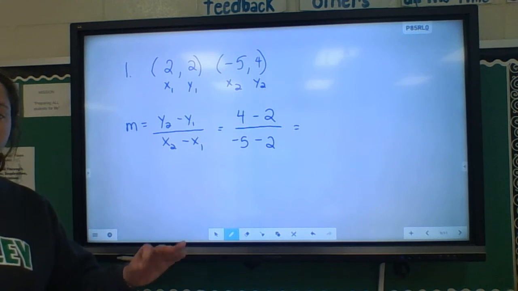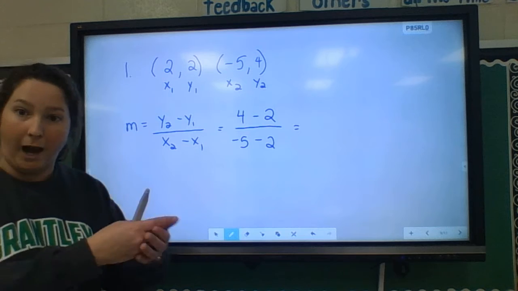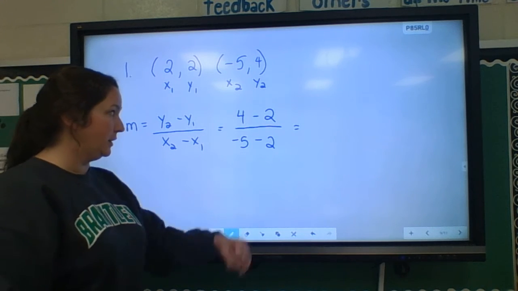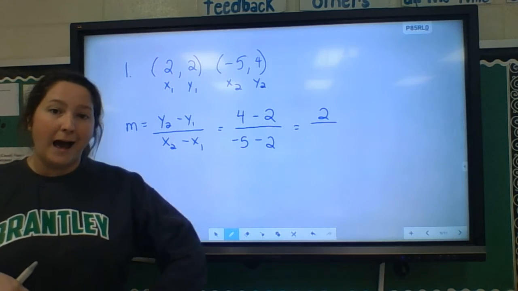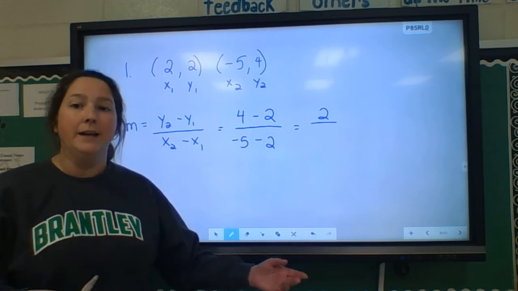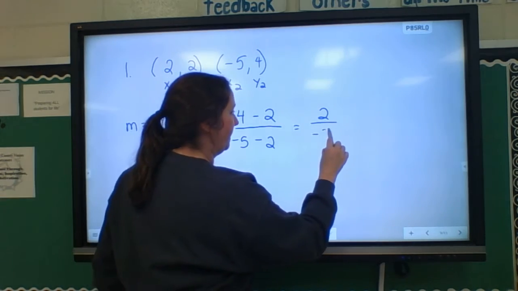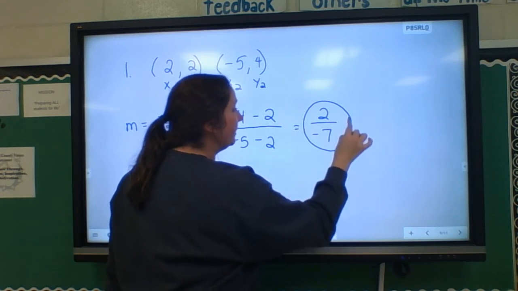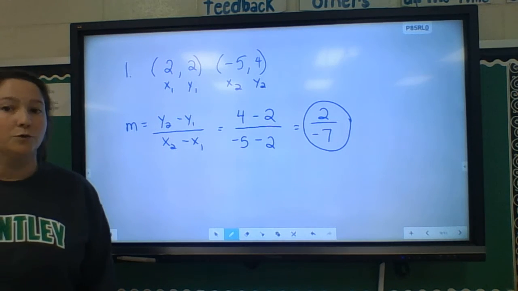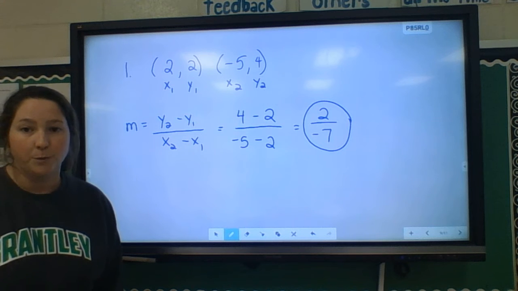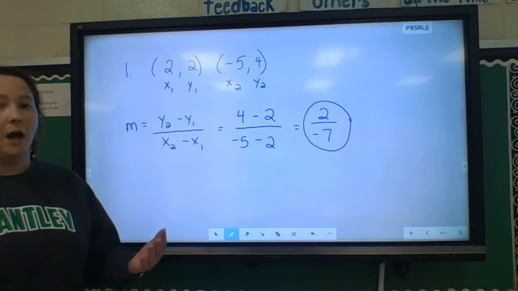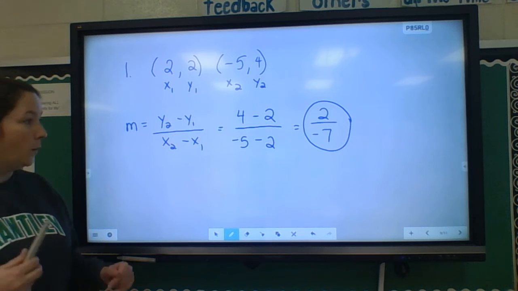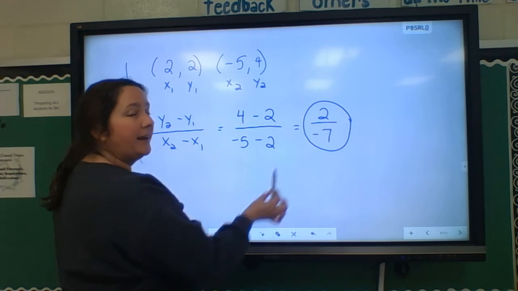Third step, simplify. Subtract it out. What's 4 minus 2? 2. What's negative 5 minus 2? Negative 7. That is our answer because it can't be reduced. Now, if it's a multiple choice question, ACAP, Global Scholar, ACT, whatever you're taking, where are they going to put that negative sign?